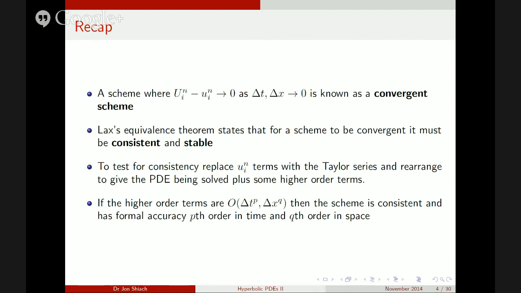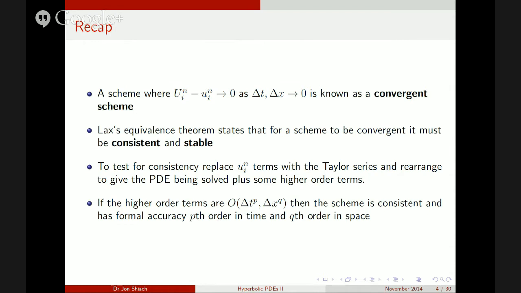You can't say that it's of order delta t, delta x. But if the higher order terms are in this form, then the scheme is said to be consistent, with formal accuracy of pth order in time and qth order in space.